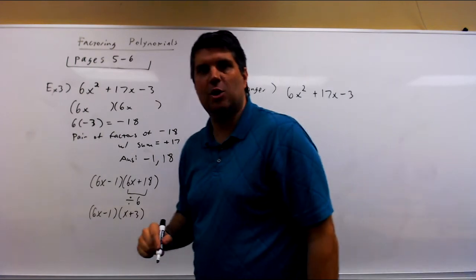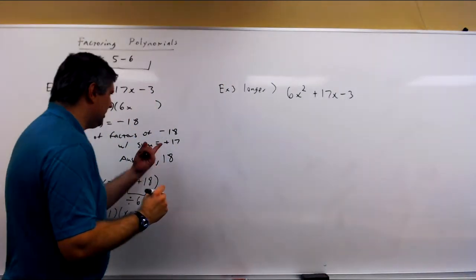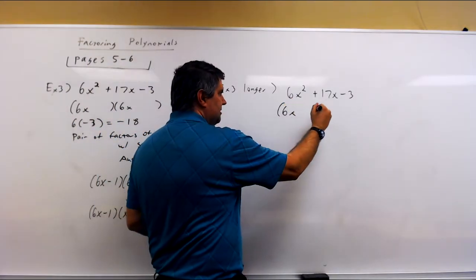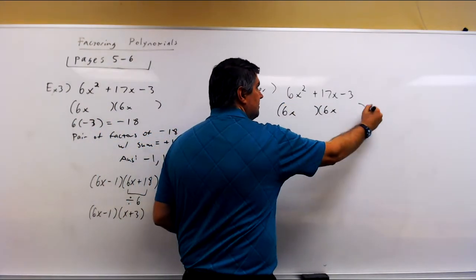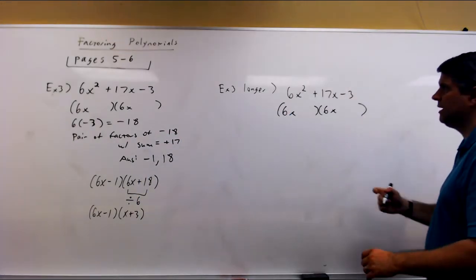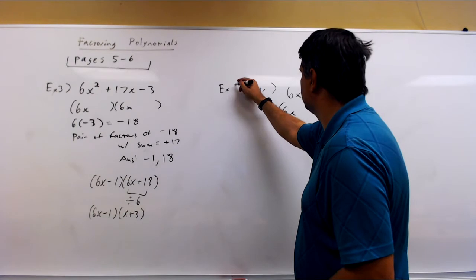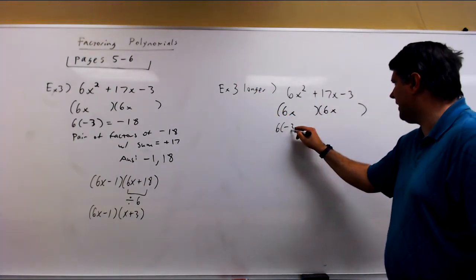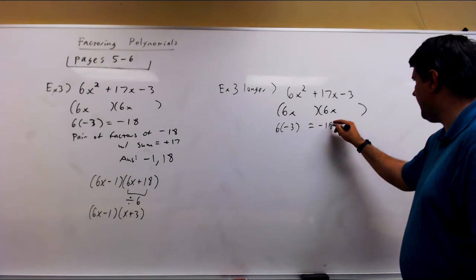Okay? Let's say you didn't see this right away. Well, we'd still have 6x, 6x. And then I would take 6 times negative 3. I get negative 18.